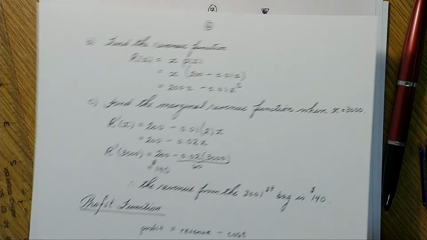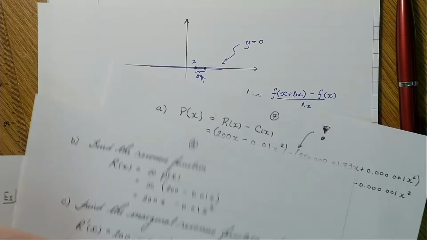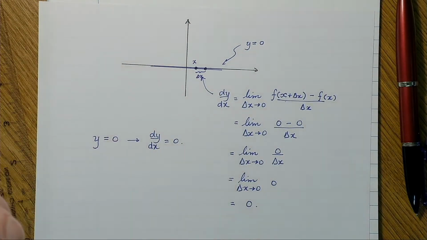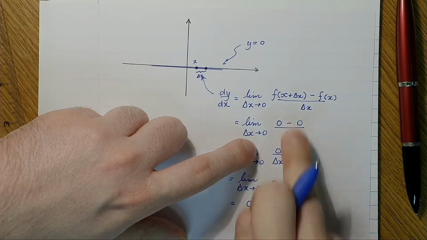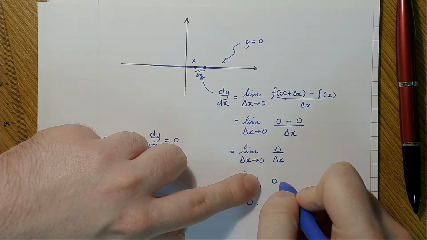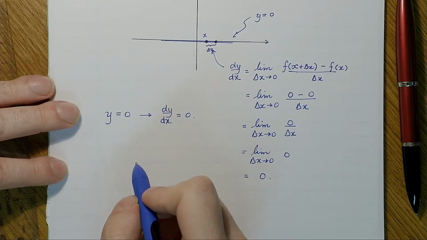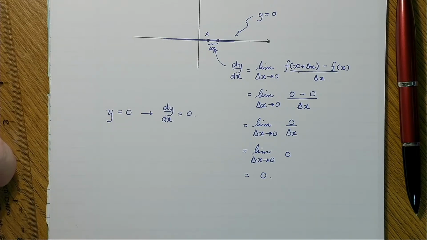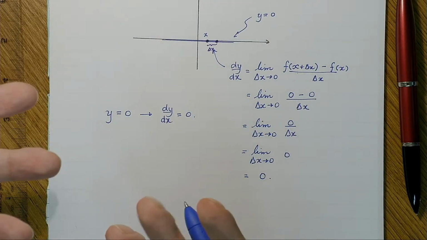A student asks: We weren't able to cancel the delta x out of the denominator, so would that not result in undefined? No. Remember, I have 0 over delta x. That's still 0. Would that only matter if there was a number other than 0 in the numerator? Yes, because the 0 ends up taking over.